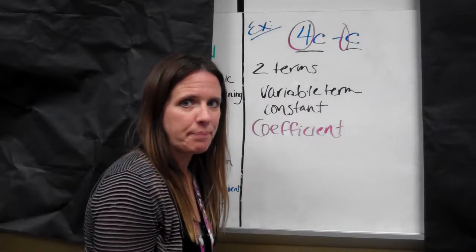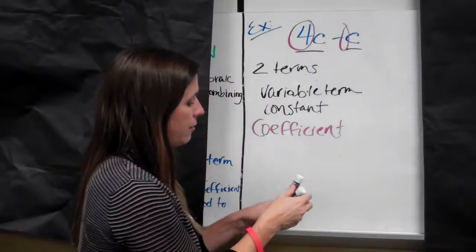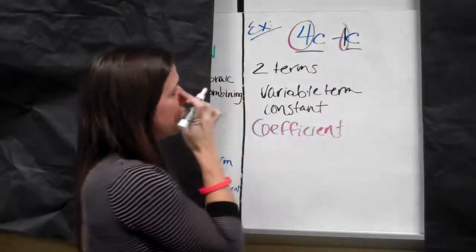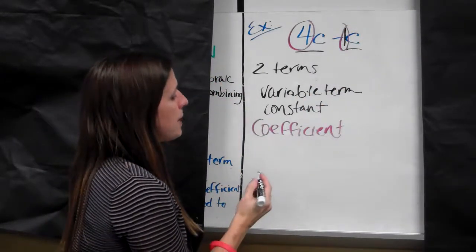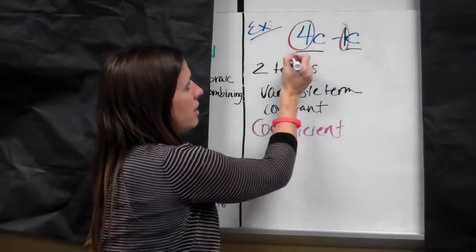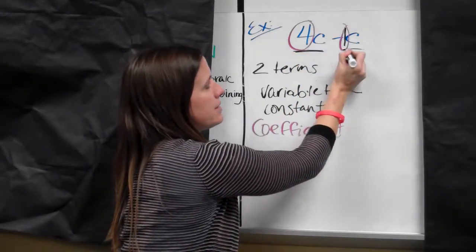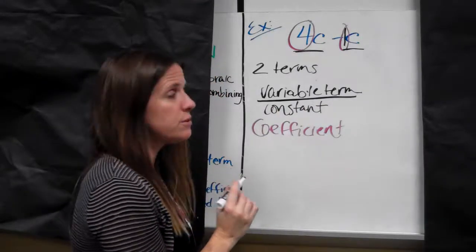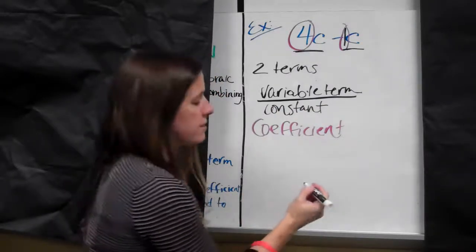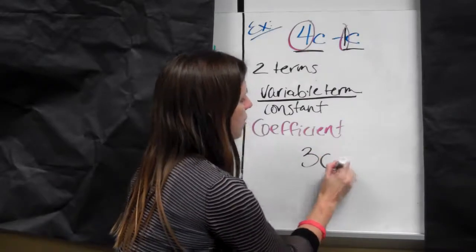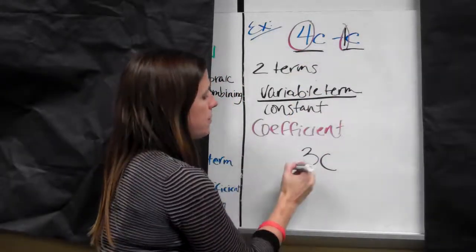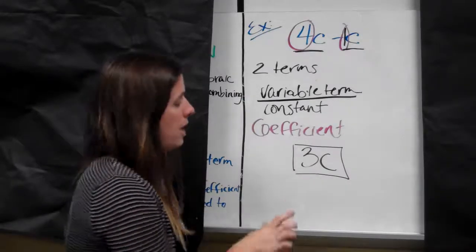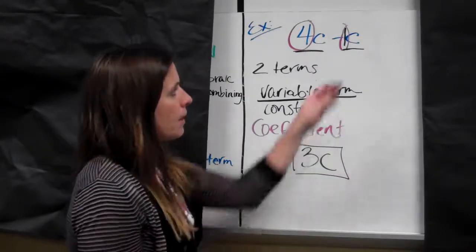That would be a 1. And if you feel better, you can write that in. Some of you do that, some of you don't. So we have 4c minus 1c. Since they are like terms, they are from the same family, variable terms, we can subtract those. And 4c minus 1c would leave us with 3c. So we take a two-term expression and it's down to one term, still with a variable and still with the coefficient. Let's look at another one.